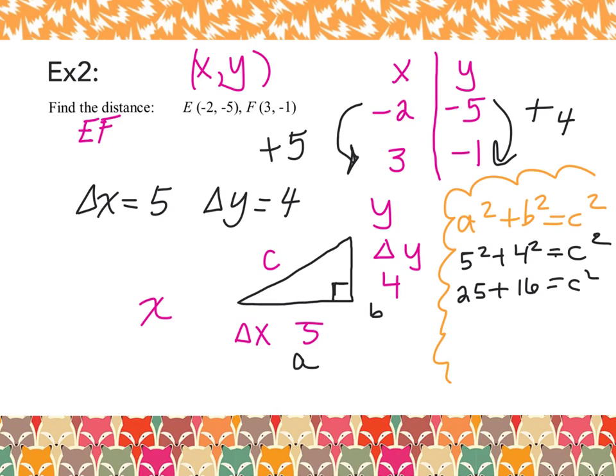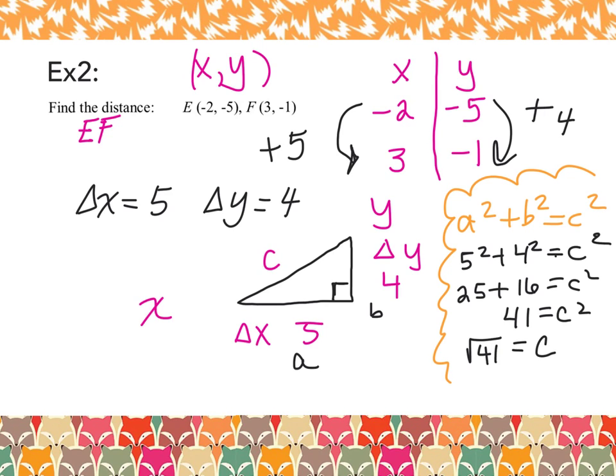That's going to give us c squared. Now when we add those together, 25 plus 16, well, 25 plus 10 is 35, plus 6 more is going to give us 41. And last but not least, we're going to take the square root of 41. That's going to be our exact value of c.